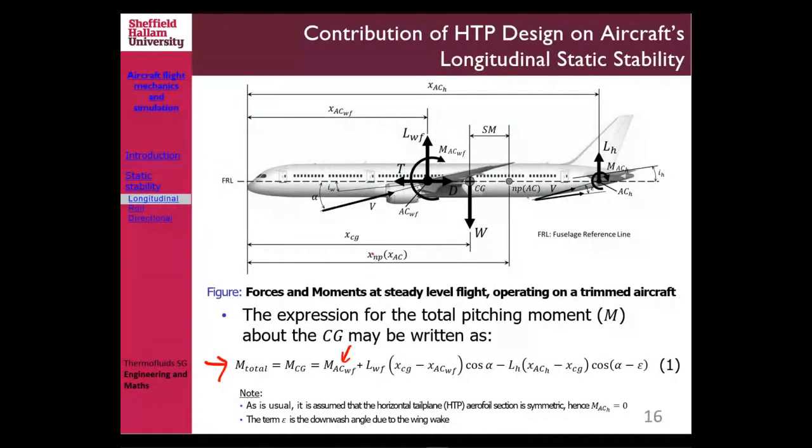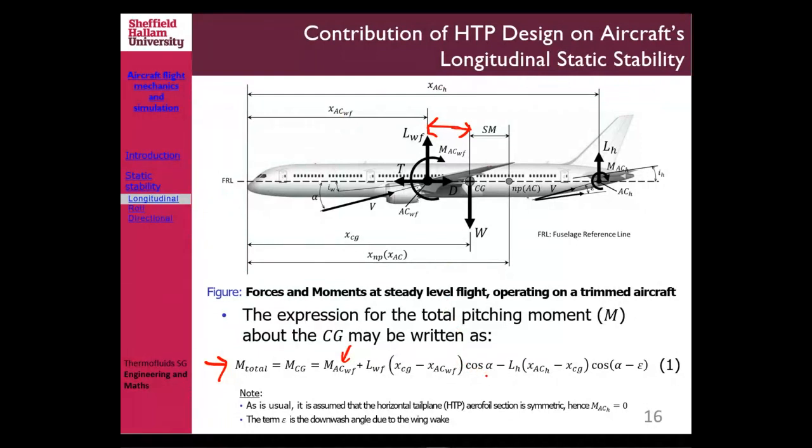Remember, the distance is xcg minus x aerodynamic center of wing and fuselage, which is that distance over there.